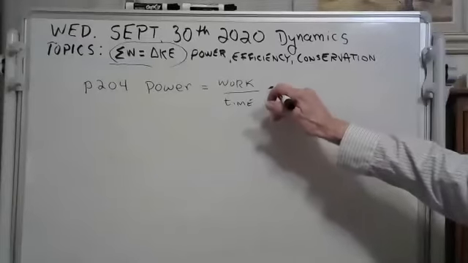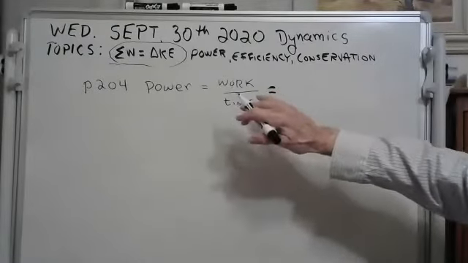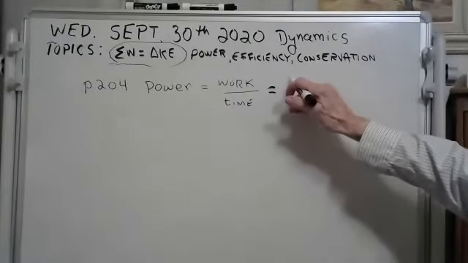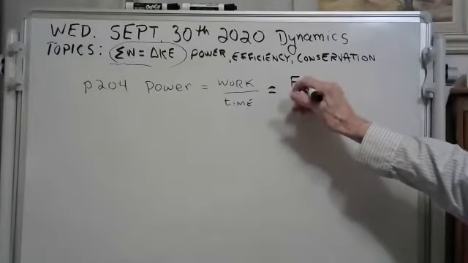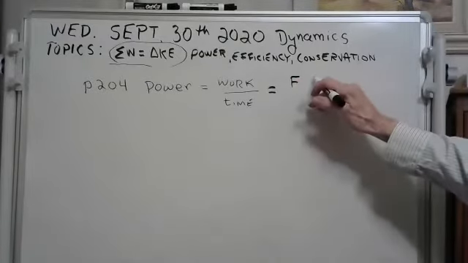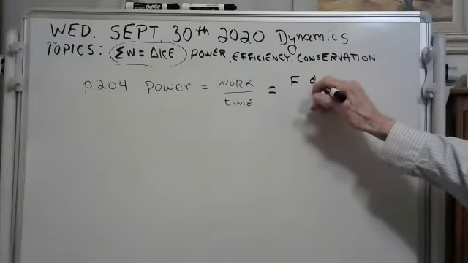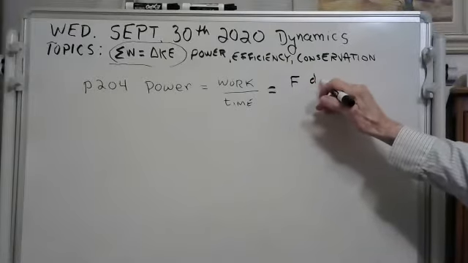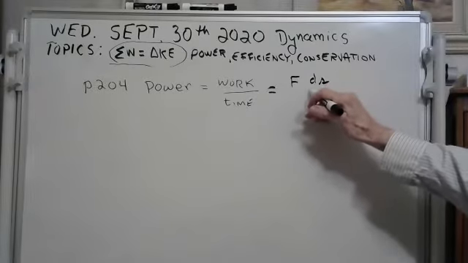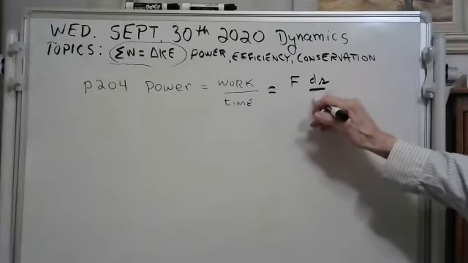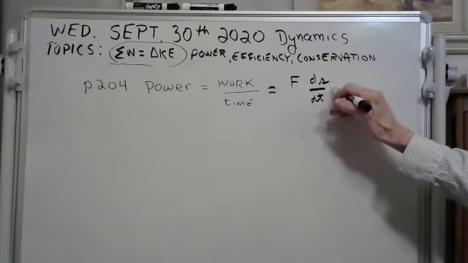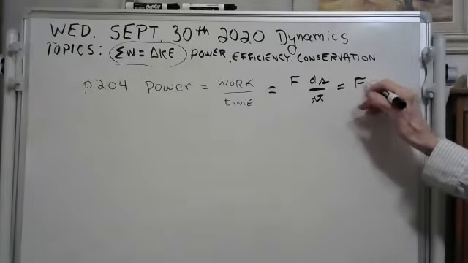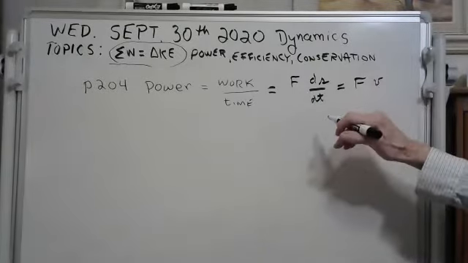Now, let's see if we can do it this way. Work is force times distance, right? We all know that. This could be an X or an S or whatever. And we're dividing by time. And by Jove, you get force times velocity.